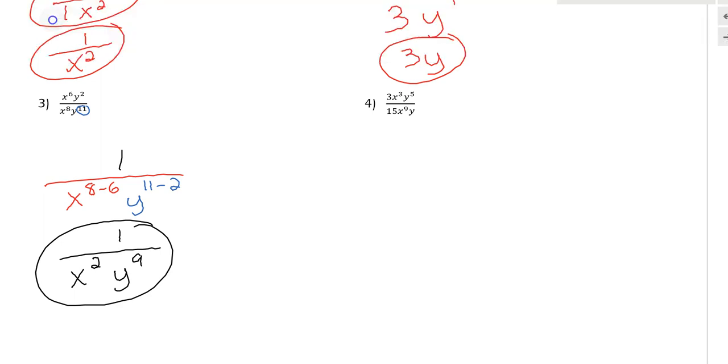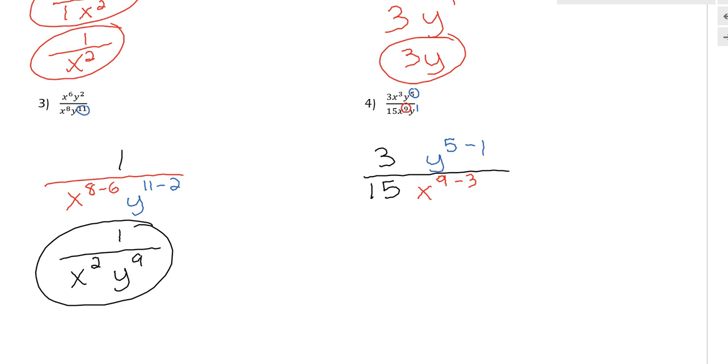Our last one, right? So I have 3 over 15, and then I have x's, my larger exponent on bottom. And then I have y's, my larger exponent is in the numerator. And remember, that's a 1.